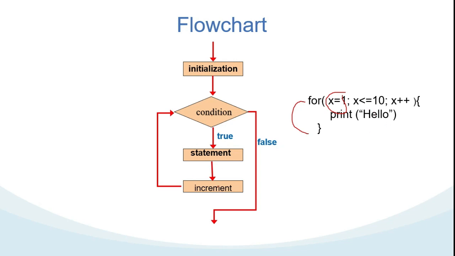Hello will be displayed again. Increase again by 1, until x becomes 10. 10 less than or equal to 10, true, still executed, increase by 1. Now x becomes 11. 11 less than or equal to 10, false. When it is false, quit the looping.